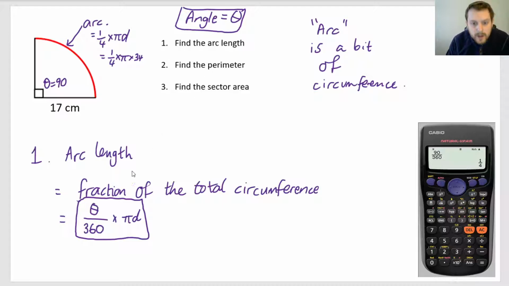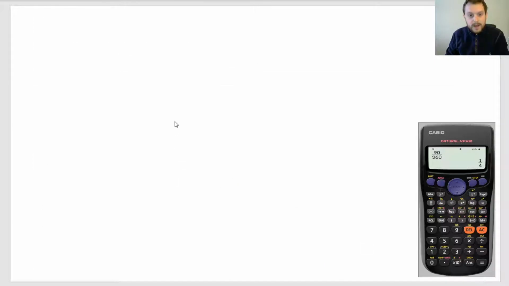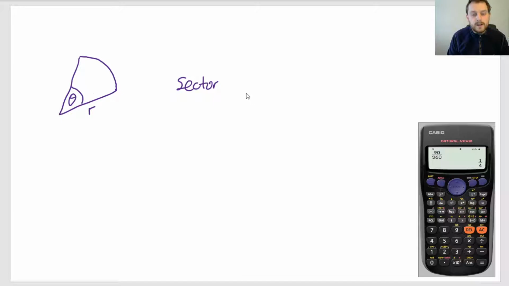Okay, so I might write it again here. Or maybe I'll insert a new slide where we can just keep all the formulas together and write them out nicely. So let's just quickly draw a little picture. So this is a sector with radius r, an angle theta, and we're going to say that d is 2r, which is the diameter.